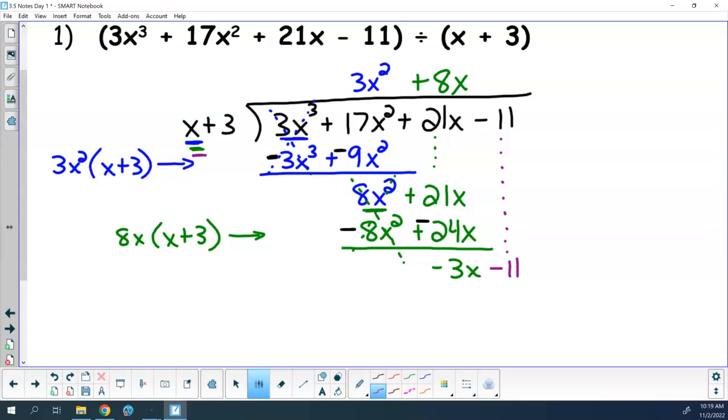Now I need x to look like negative 3x. Negative 3. What do I need to do with those?